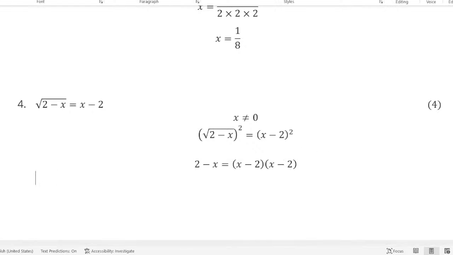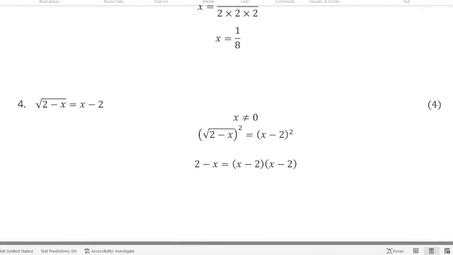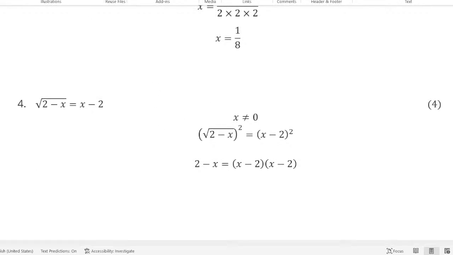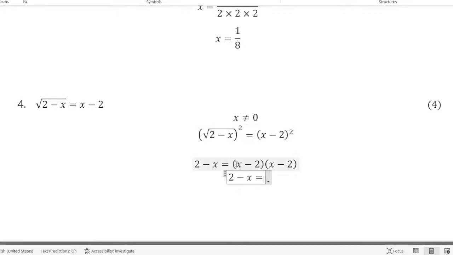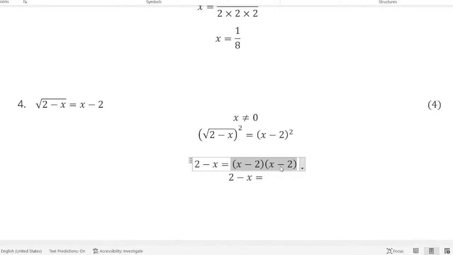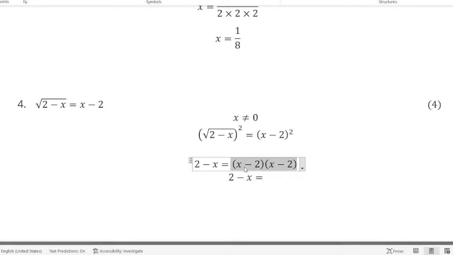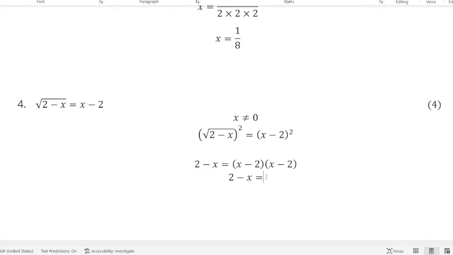Then let's simplify the right hand side. 2 minus x is equal to, remember this, we're going to apply the FOIL: first terms, outer terms, inner terms, and last terms. So x multiplied by x, these are first terms, so we have x squared.